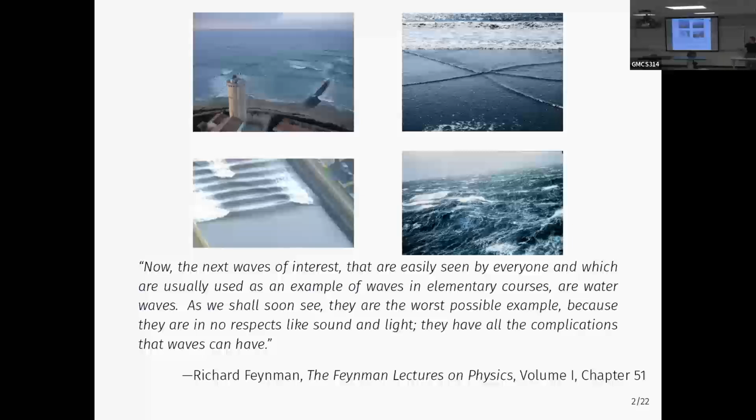Let me start with some figures of water waves and something that you can find in Feynman's Lectures on Physics. The point here is to highlight that surface waves can do a lot of stuff and are very complicated, and they have very rich nonlinear dynamics. For example, here you can see something that we call cross seas.